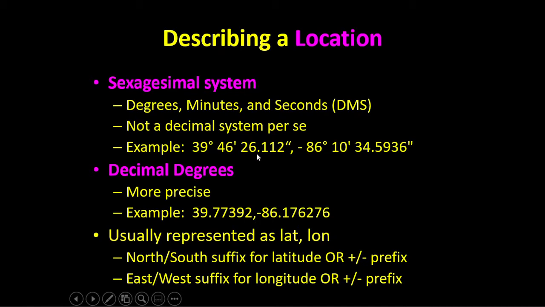So at the very end, you'll put either north or south, or a positive or negative prefix. And once again, as I've explained, in terms of latitude, northern hemisphere is positive, southern hemisphere is negative. And in terms of longitude, the east and the west, the positive is east and the negative is west.